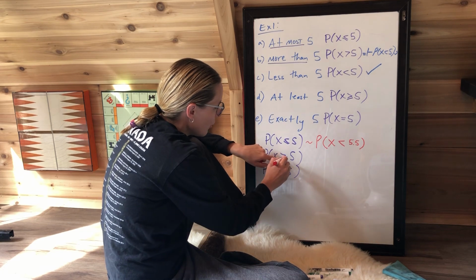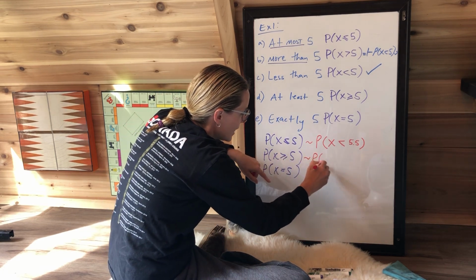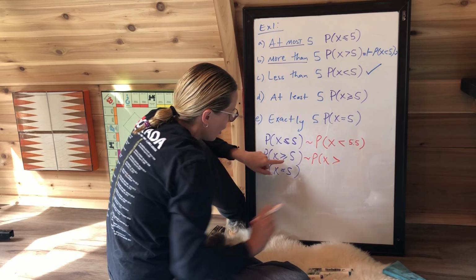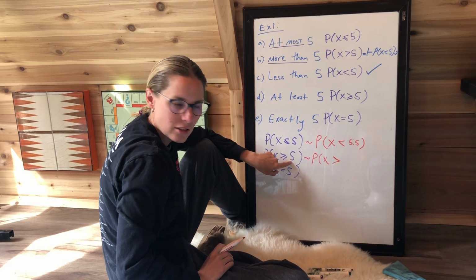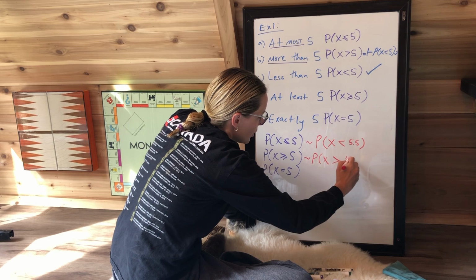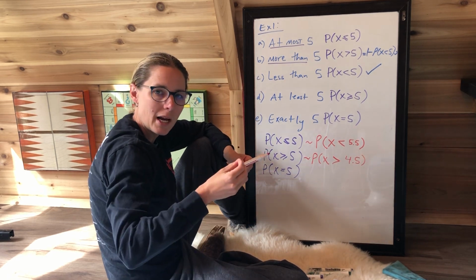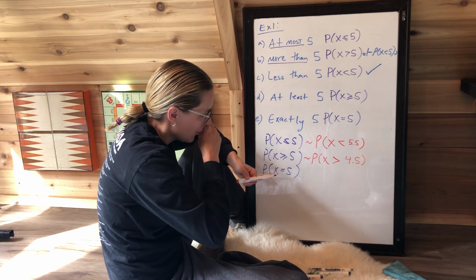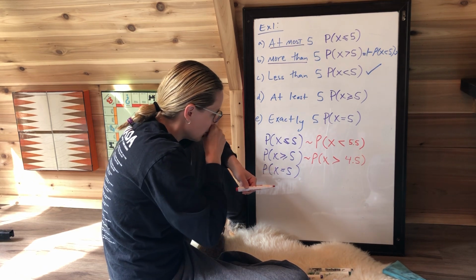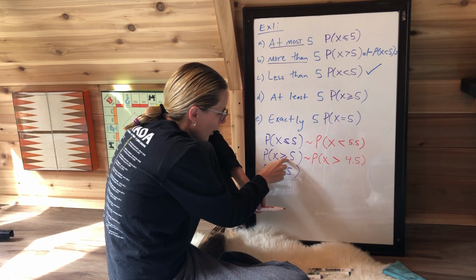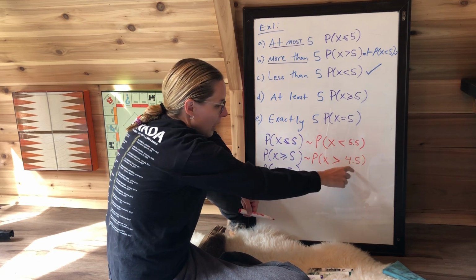Okay, when it's greater than or equal to 5, we again need to include the 5. So we're not going to go greater than 5.5 because that doesn't include the 5. In this case, we're going to have to do greater than 4.5. So you always have to choose, do I go above by half or do I go below by half? And it all has to do with what it's including. So if it has to include the 5 and you're going greater than, then you go down by a half.